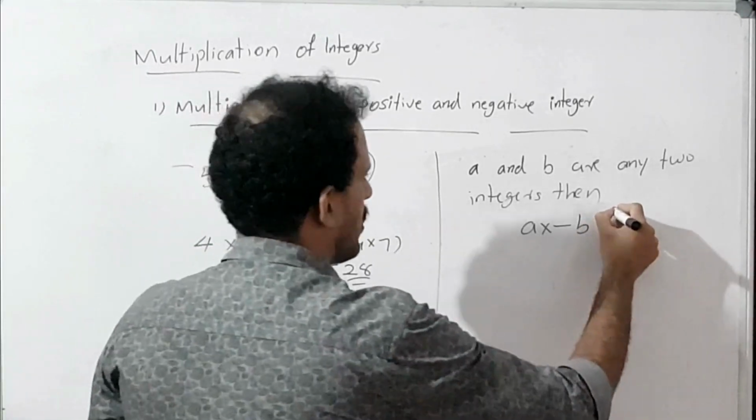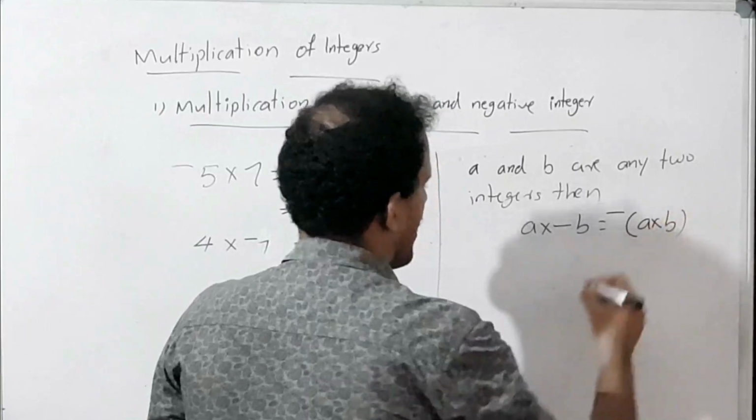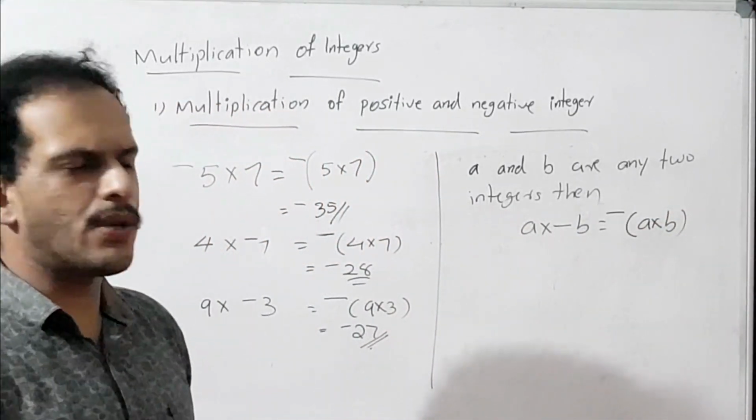The answer is negative. How do we get it? Minus of A into B. A into minus B is equal to minus of A into B.